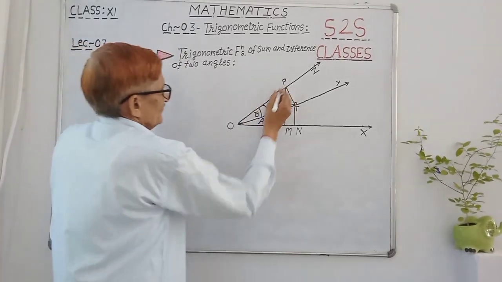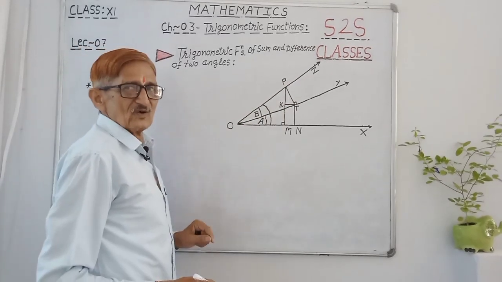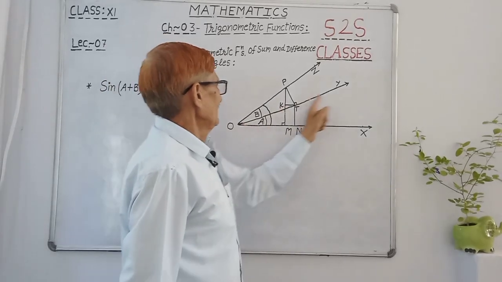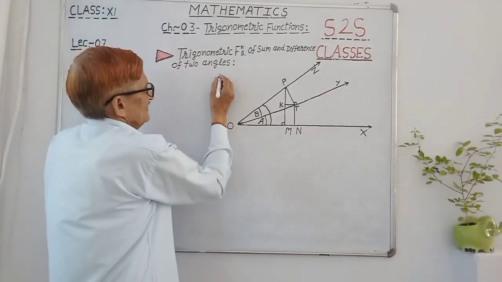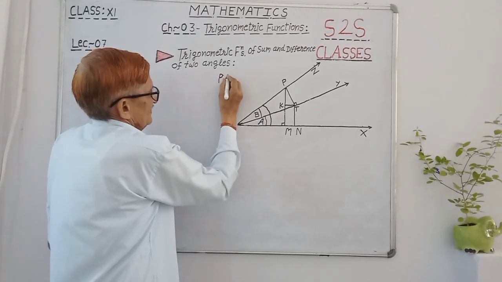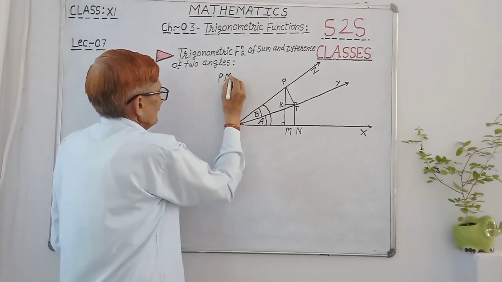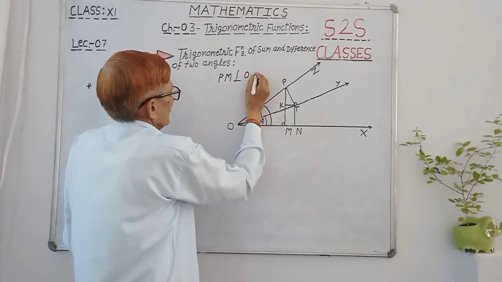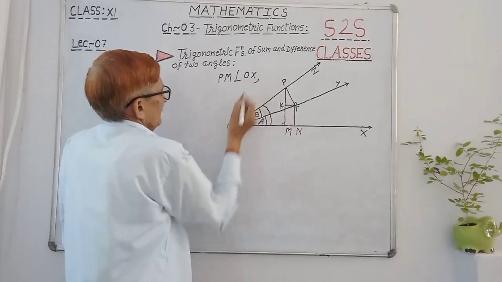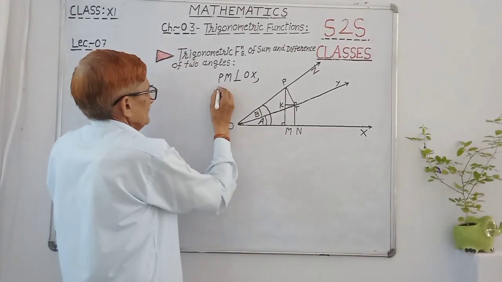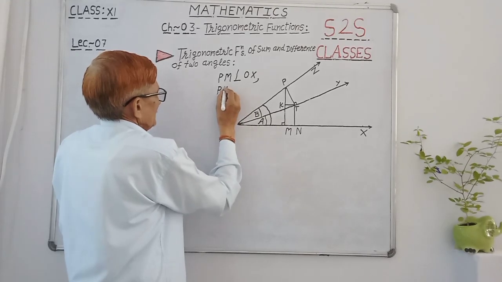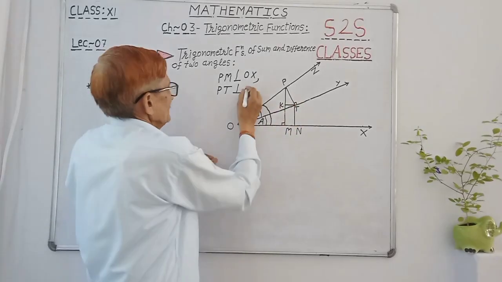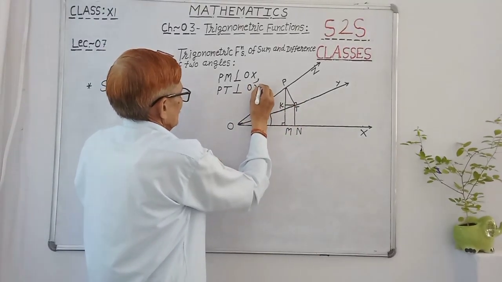Here, take any point P on OZ and draw perpendiculars on the x-axis and on the OY ray. That means PM perpendicular on OX, and PT perpendicular on the OY ray.